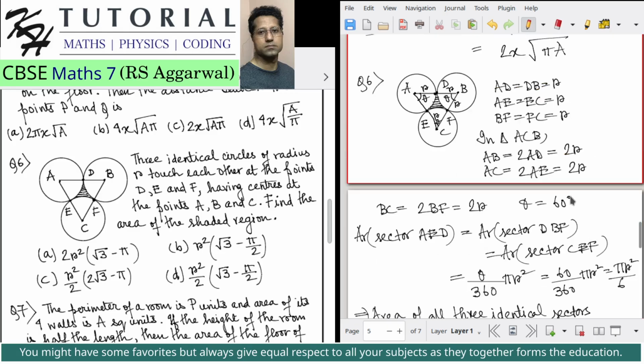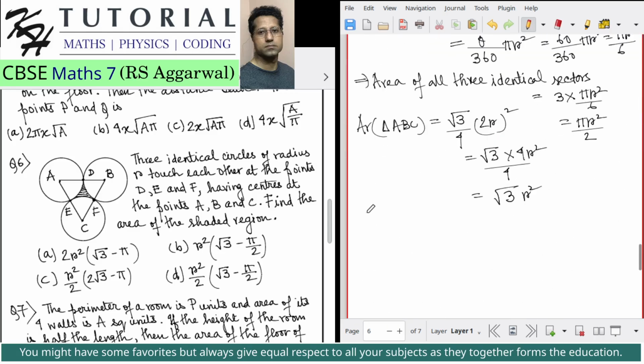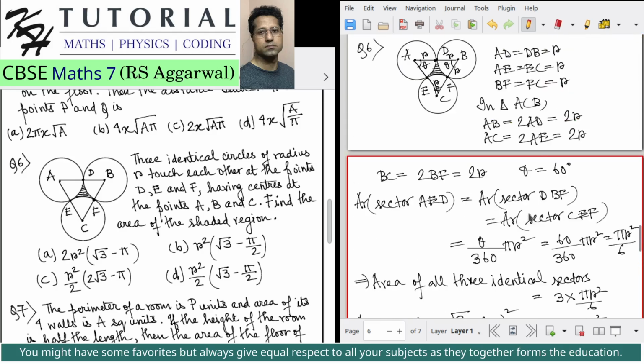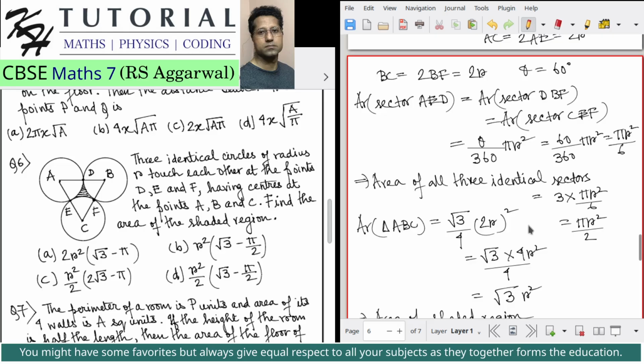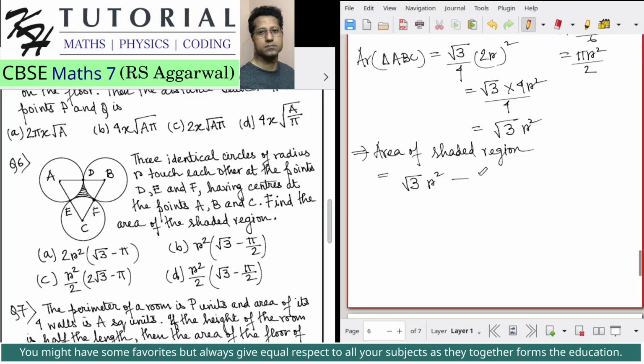Now, what will be the area of the shaded region? The area of the shaded region will be equal to the area of the triangle ABC, which is square root of 3 multiplied by r square, minus the area of all the three identical sectors, which is pi r square by 2.